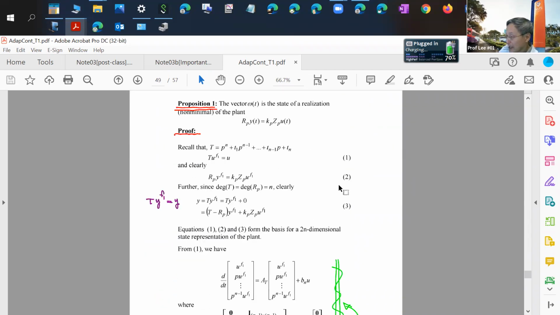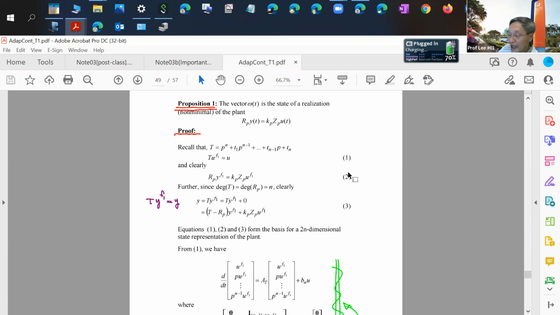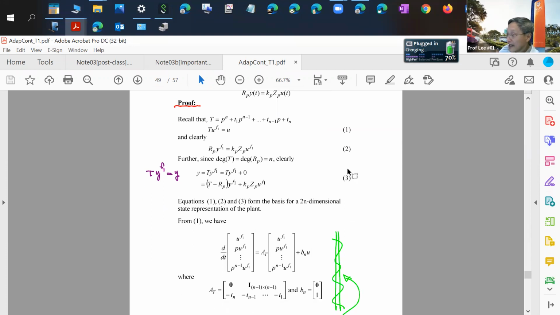The first one is that all the signals that you generated were actually the state of a 2n order non-minimal realization. It's not difficult to prove, so go ahead, I would expect you to work on it. You will also see that in your CA1, you'll be working with this.